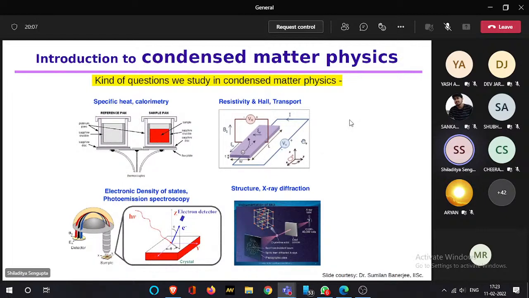Then you can put it inside an electric field or voltage and measure the current through it. That will give you its resistance, and it will tell you what kind of conductivity it has: whether it is a conductor of charge, an insulator or a semiconductor.